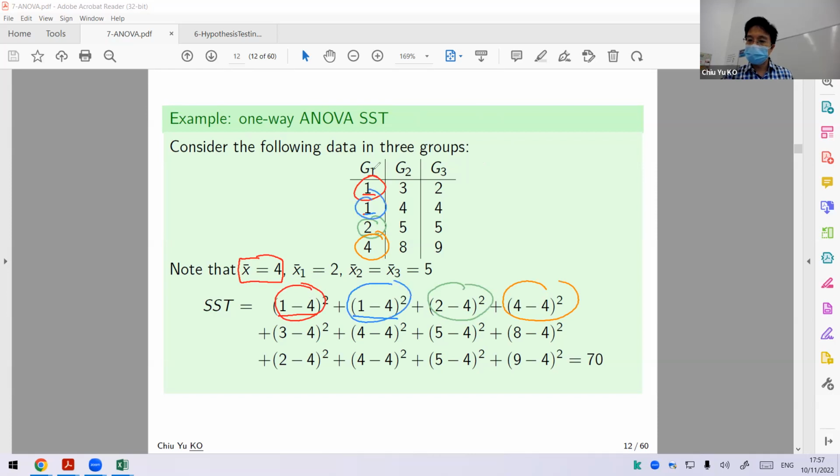You just add up everything and that becomes SST. Is that clear what this slide is about? Again, you don't need to worry about the calculation. Usually everything is done by the program. You don't need to do anything.